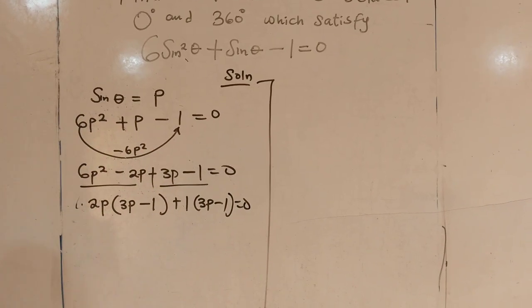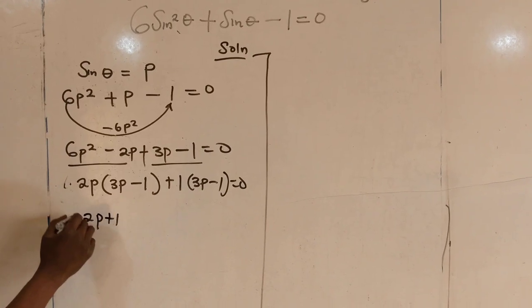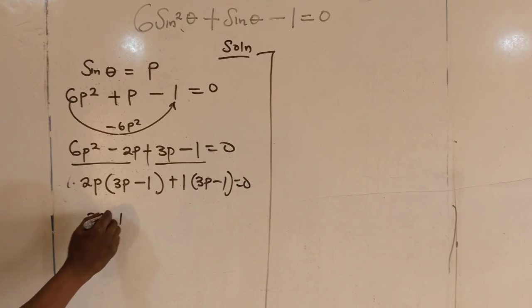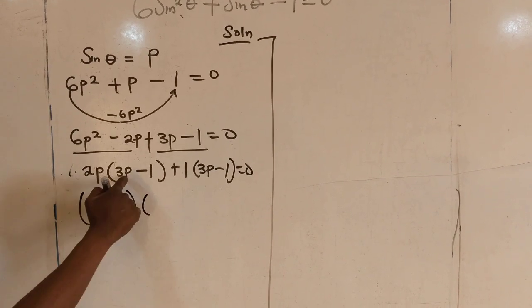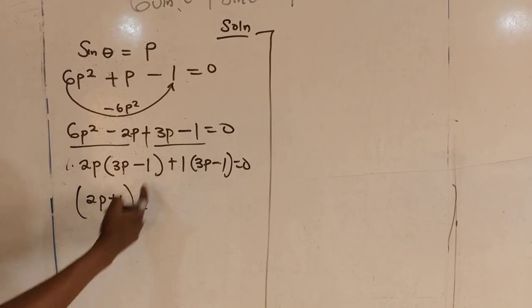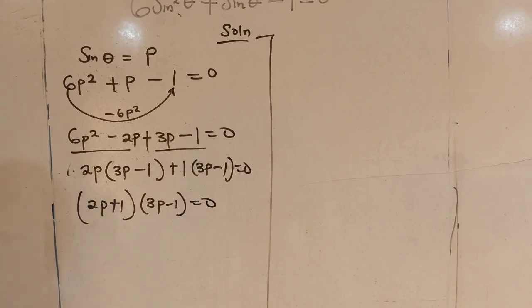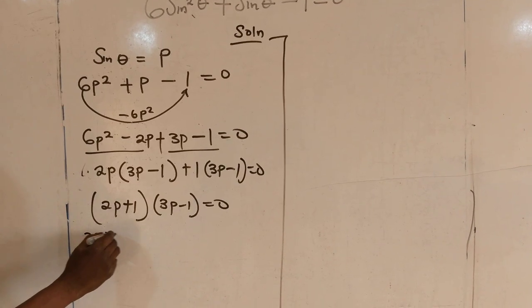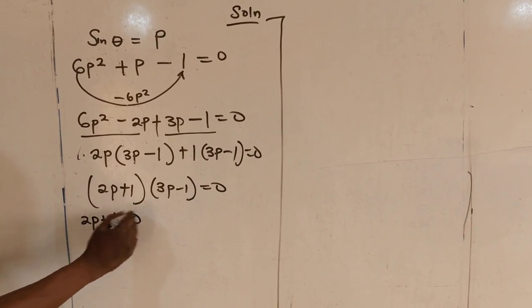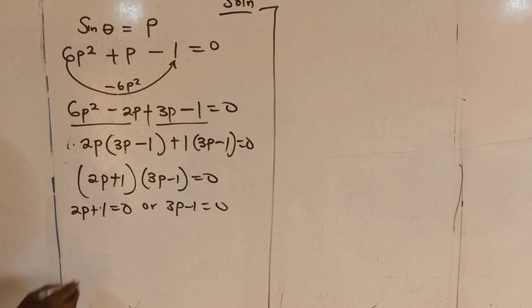So we have 2p plus 1, and we pick one of the brackets here, 3p minus 1, equals 0. We can now say that 2p plus 1 equals 0, or 3p minus 1 equals 0.